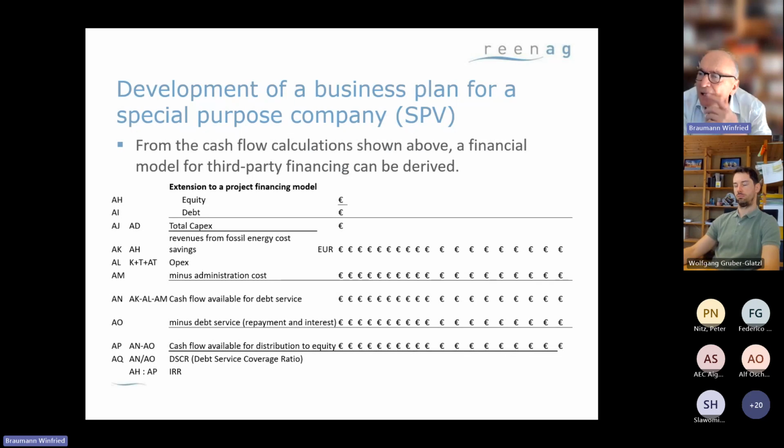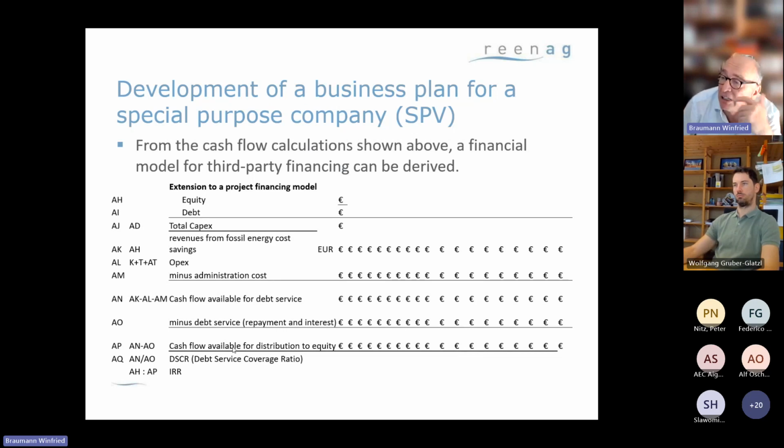But we then will arrive at the usual structure of such cash flow calculations needed for project financing, which is that we will see the cash flow available for debt service. We will see the debt service, what has to be paid to the bank or to the provider of debt.